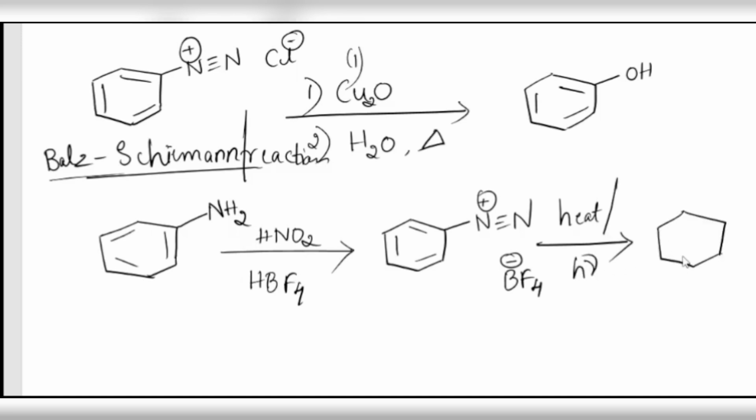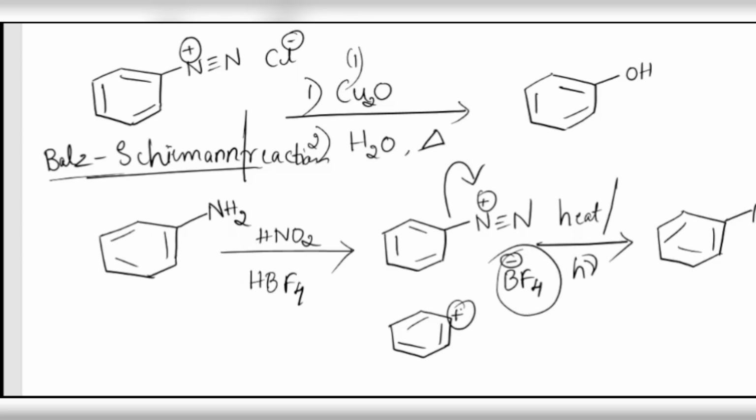Finally, this particular carbon and nitrogen bond will break like this, and here we can see the intermediate is this aryl cation, that is phenyl cation. This one will abstract the fluoride ion from this particular moiety, and finally we will be ending up with fluorobenzene. This is the particular reaction.